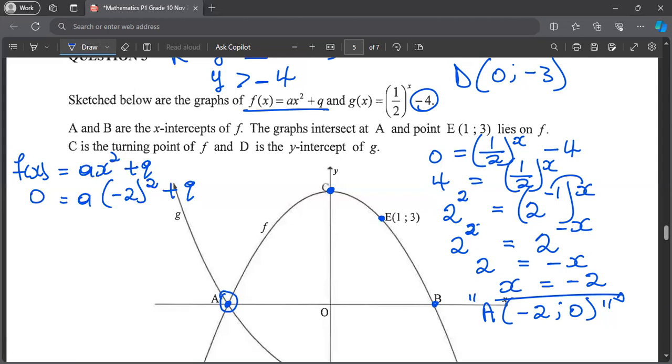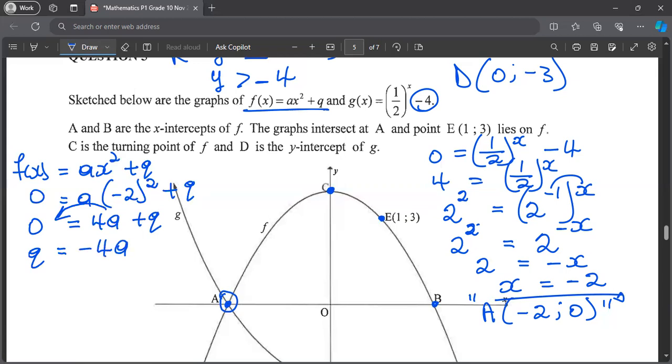Then here you'll just have 0, which is equal to what? -2 squared is 4. 4 times a, it's 4a. And then you say plus q. So if you were to make q the subject of the formula, you just take 4a to the left. Then you realize your q will just be -4a.